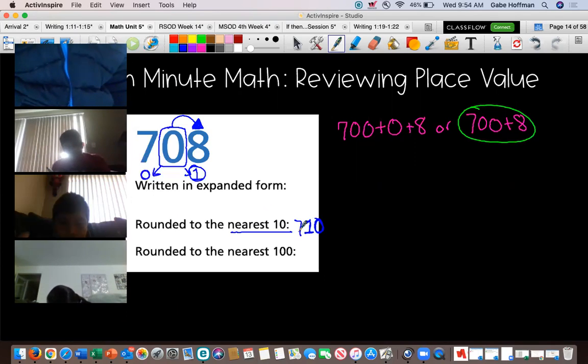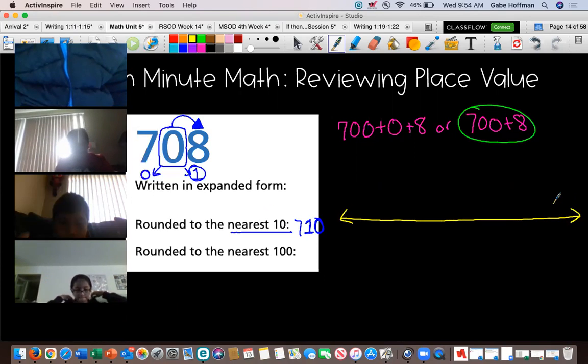If we look at it on a number line, we're saying we either are leaving it at 700 or we're rounding up to 710 in the tens place, right? My number right in the middle of those is what?